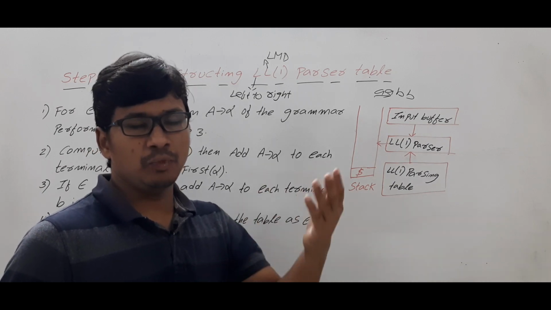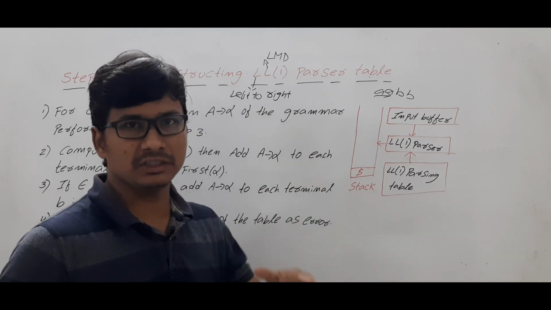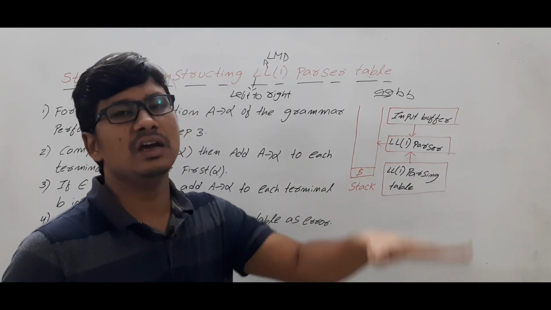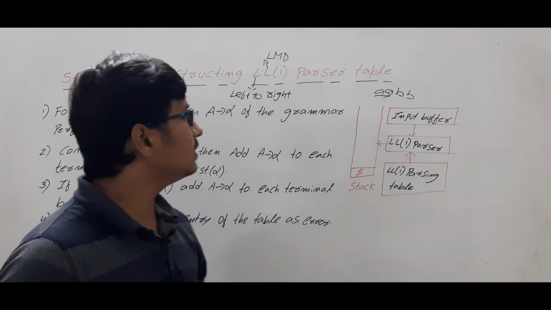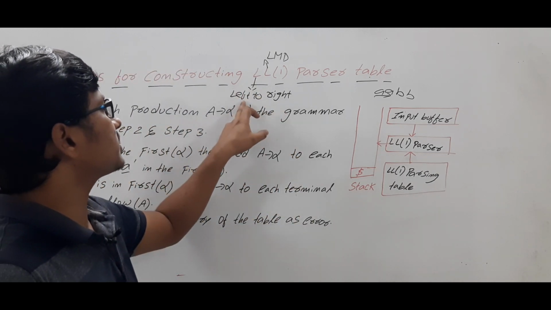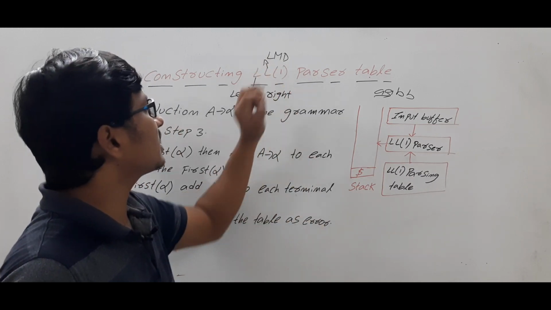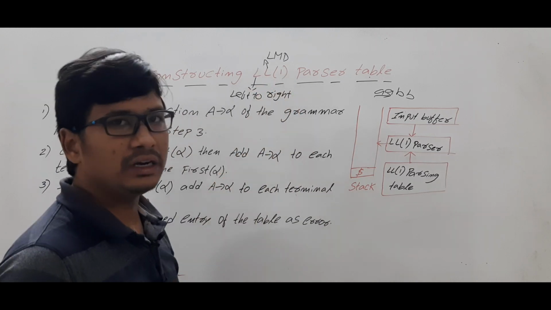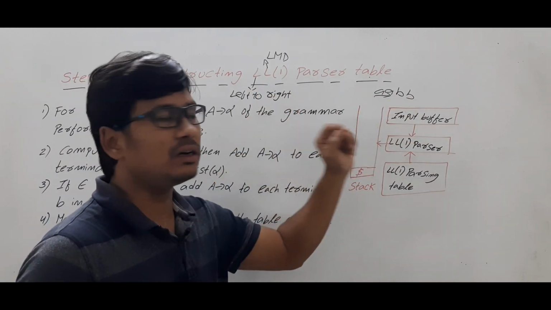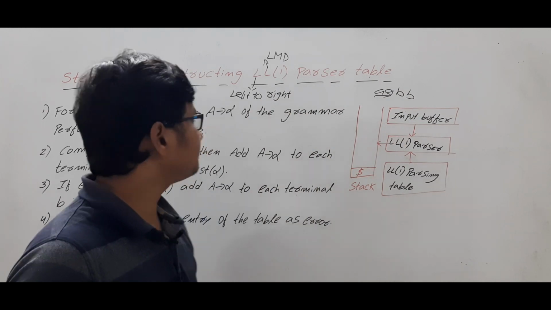Whereas bottom-up parsers will do the reverse of rightmost derivation, means they will take the strings and then they will go up to the root node or the start symbol. Okay, so the first L represents that it is reading the input string from left to right, and second L represents that it uses the leftmost derivation, and this one represents that it is reading one input character at a time. Is it clear?